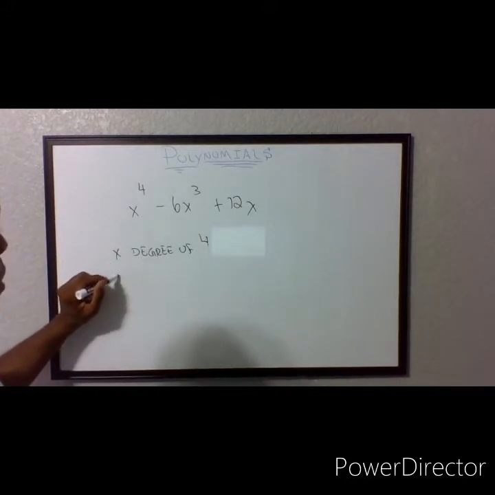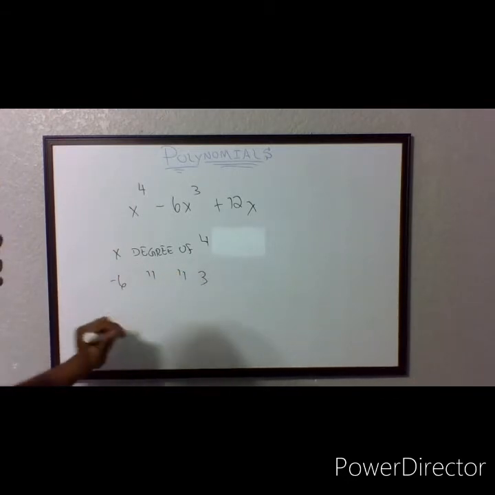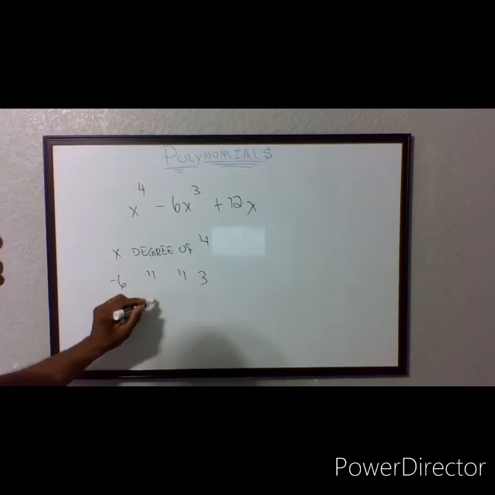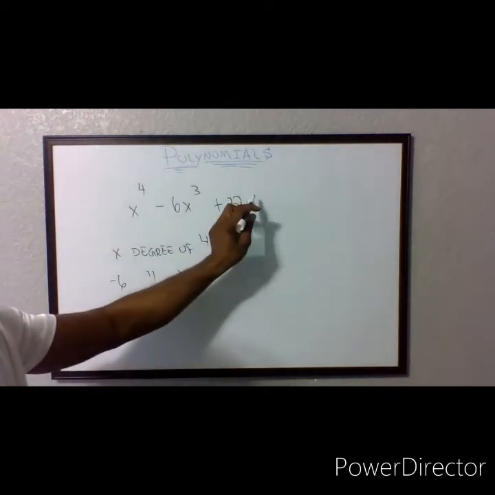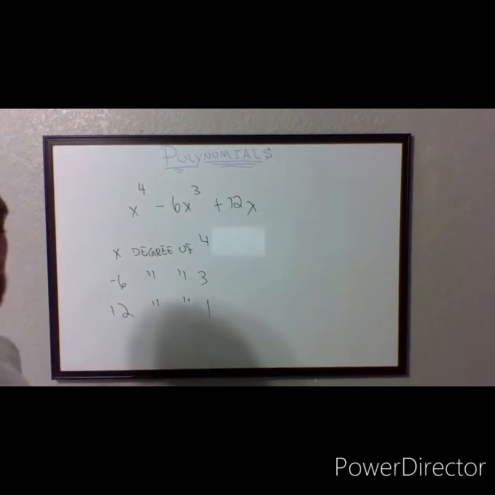And then negative 6x cubed has a degree of 3, and then 12x squared has a degree of 2. If a variable has no power written, remember the degree can also just be 1. So that's another simple way to find the degree.